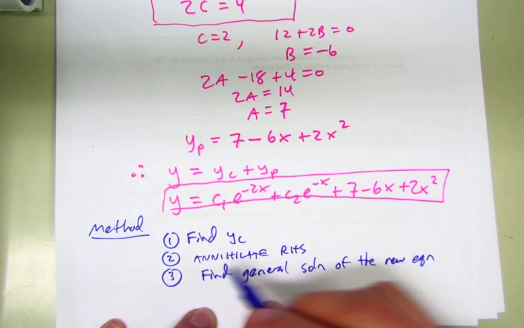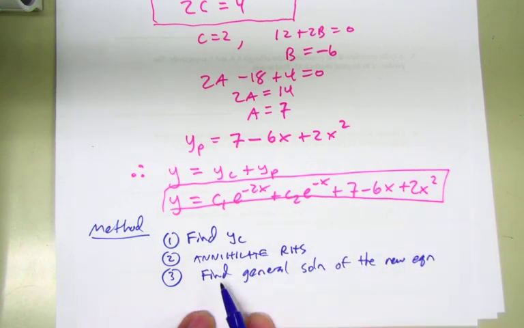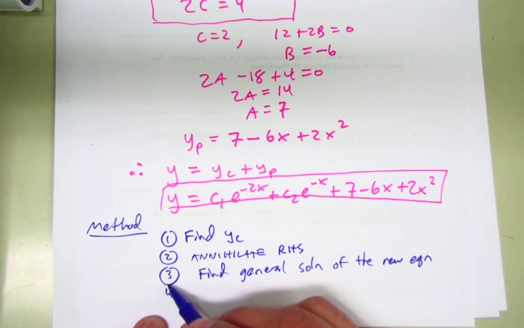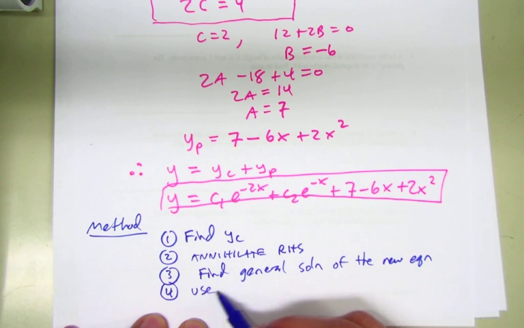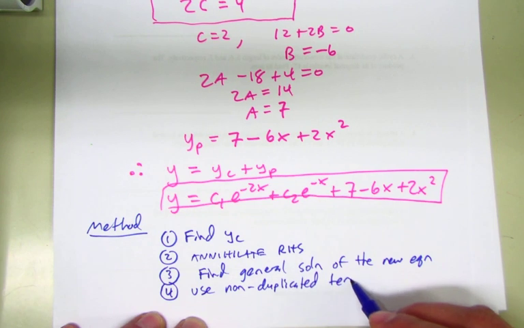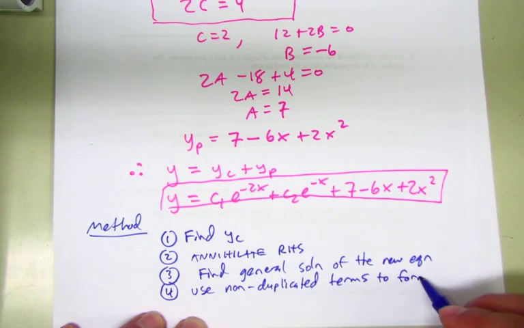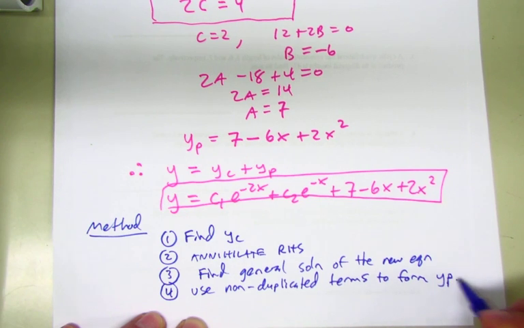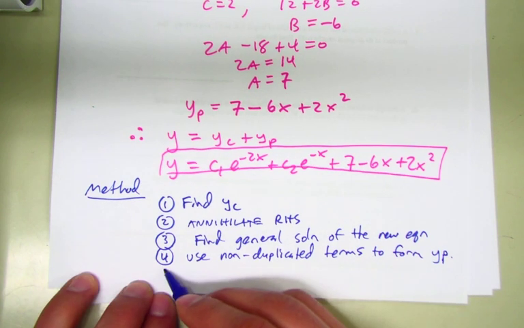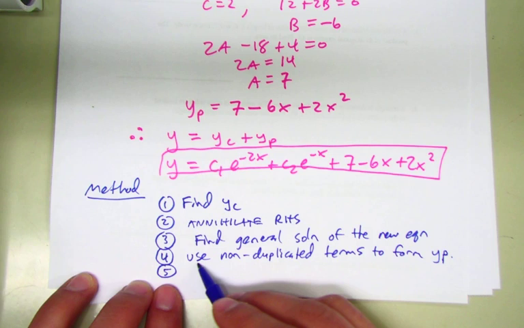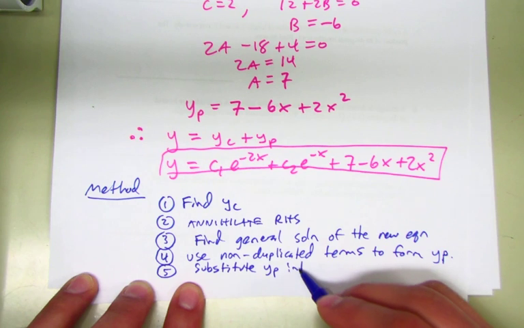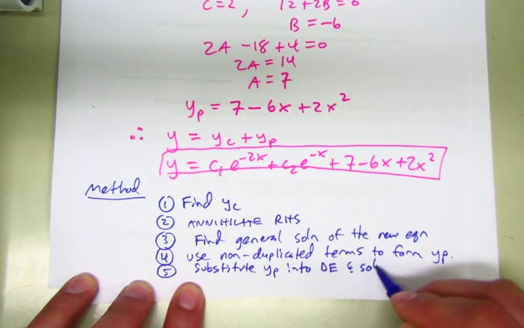So after you annihilate and multiply both sides by a differential operator, you're going to go ahead and find the general solution here. And from that general solution, you use the non-duplicated terms to form the particular solution, y sub p. Okay. Once you know what the particular solution form looks like, you substitute that into the differential equation, and solve for the coefficients.